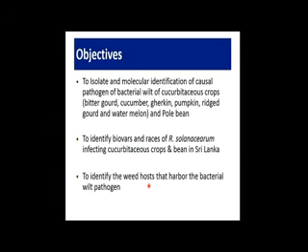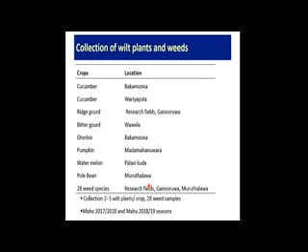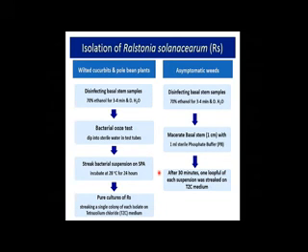Coming to the materials and methods. First, we collected the wilted plants in selected reported incidents. Isolation of Ralstonia solanacearum followed standard techniques. First, we removed the root system and washed it to remove soil, and the bacterial ooze was streaked on SPA, and pure cultures were streaked on TZC medium.